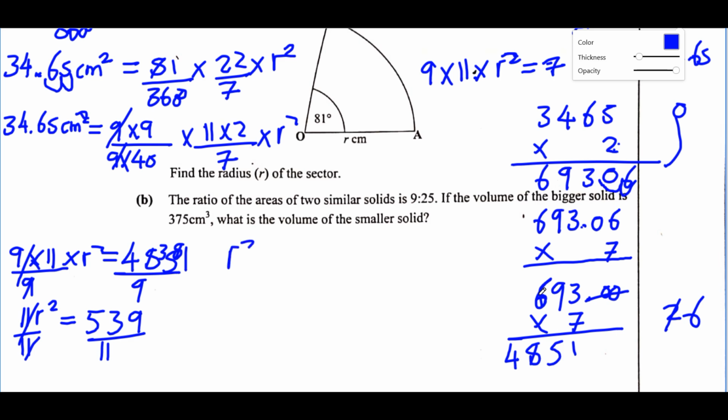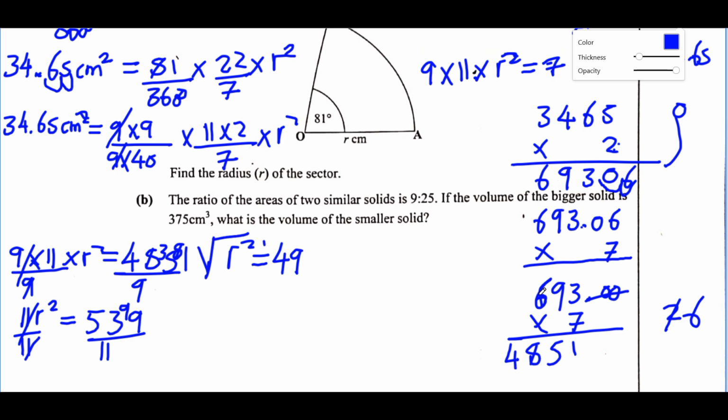So what's r squared? R squared is equal to, so we need to divide 11 into 53 will give us 4, remainder 9. Then 11 into 99 is 9.